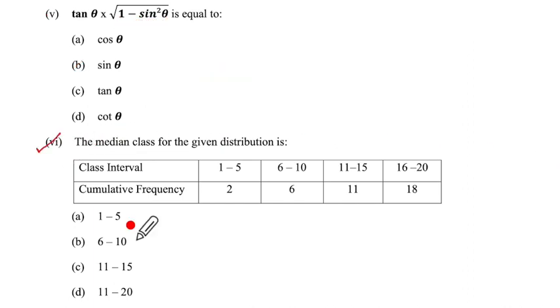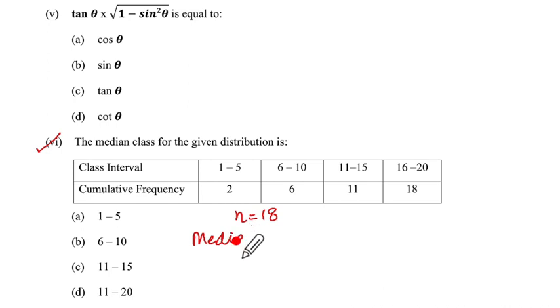Let us come to question 6. The median class of the given distribution is. We have class intervals 1 to 5, 6 to 10, 11 to 15, 16 to 20, and the cumulative frequency is given this way. Now n is equal to 18, because the last class interval has cumulative frequency 18. The median class they ask, so we have to find where the median is.